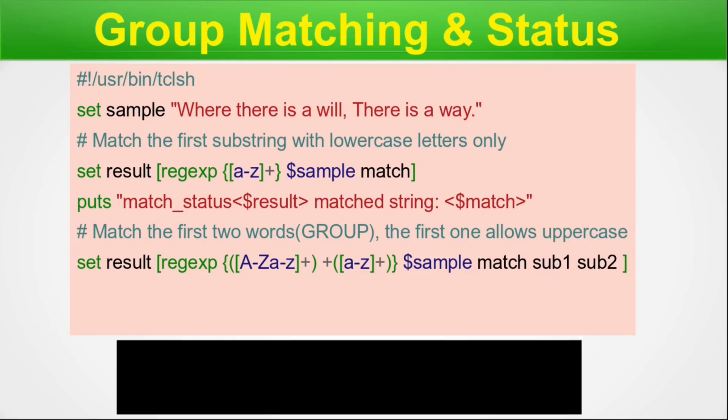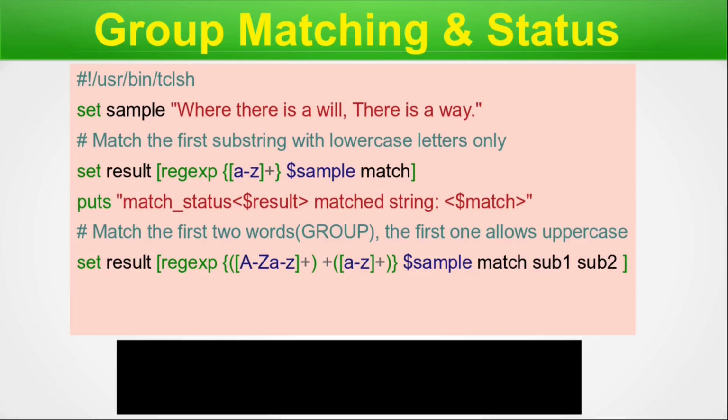In a similar way, within the curly brackets, we have used grouping, using the first bracket, or the brace. The range we have given capital A to capital Z, and then small a to small z, then plus. And then in the next grouping, we have used small a to small z, and then plus. So this will be two groups that will be matched inside the string.